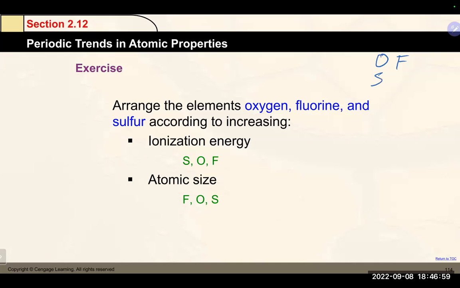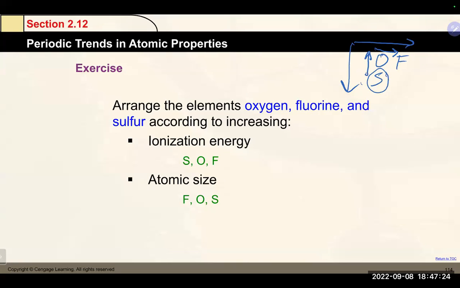In terms of ionization energy, it increases as we go up and to the right, which means the lowest ionization energy should actually be sulfur, right? Because it decreases as you go down. So sulfur would be the lowest, followed by oxygen, which is in the same group, and then fluorine is further to the right. So sulfur, oxygen, fluorine would be the increase in ionization energy.